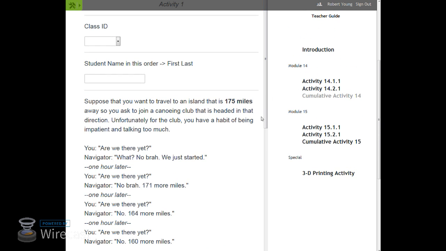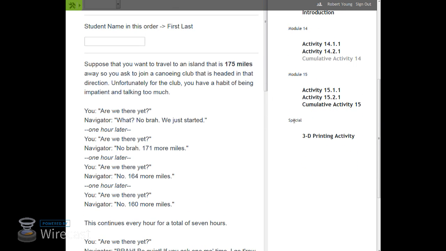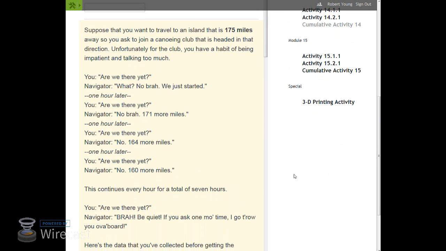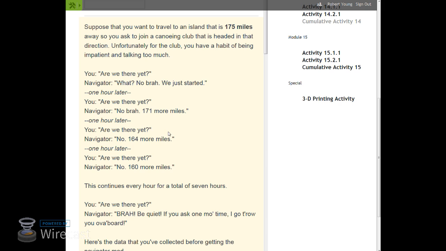In this activity, you are trying to hitch a ride on a canoe to another island that's 175 miles away. Unfortunately, this character, which is you, has a habit of talking too much and being impatient. So in this activity, you're just nagging the navigator.